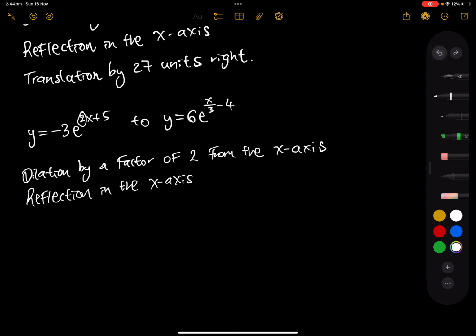Because you can see that the coefficient of x goes from 2 to 1/3. How do we go from 2x to 1/3x? We basically divide by 6.